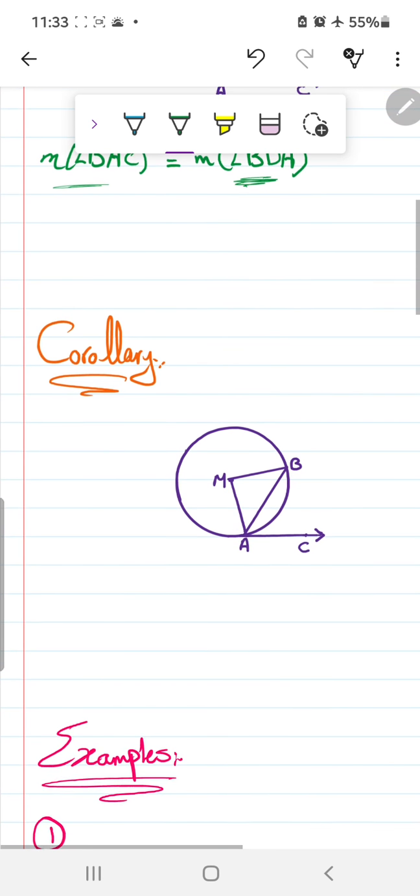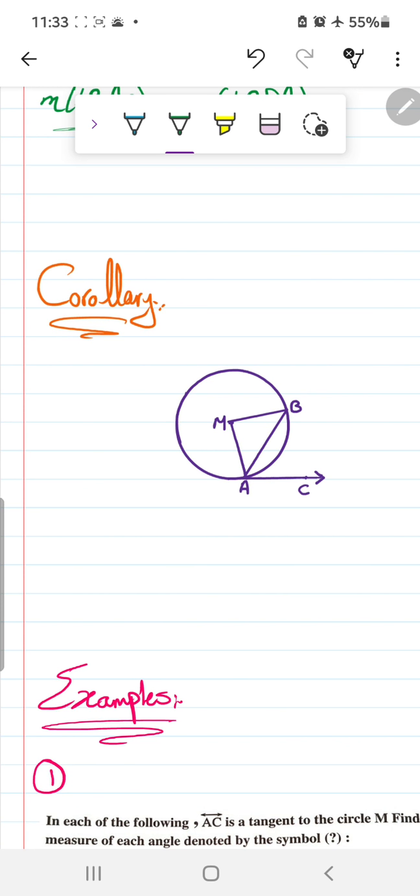We have some corollaries. The measure of the angle of tangency equals half the measure of the central angle subtended by the same arc. Of course, as we said, the measure of the inscribed angle equals the measure of angle of tangency. So the measure of angle of tangency equals half the measure of central angle, as the inscribed angle. They are equal.